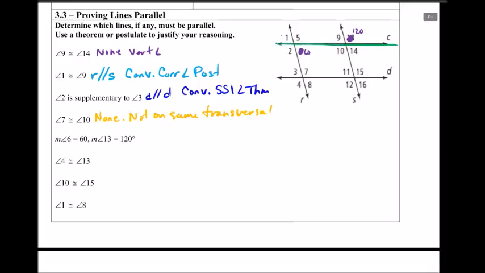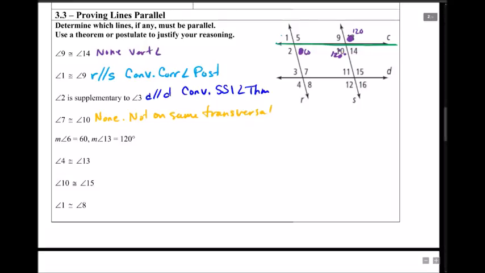Now, can we use that to make any lines parallel? Well, those are not part of our 6 special angle pairs, but what if we use vertical angles to make angle 10 120 degrees?